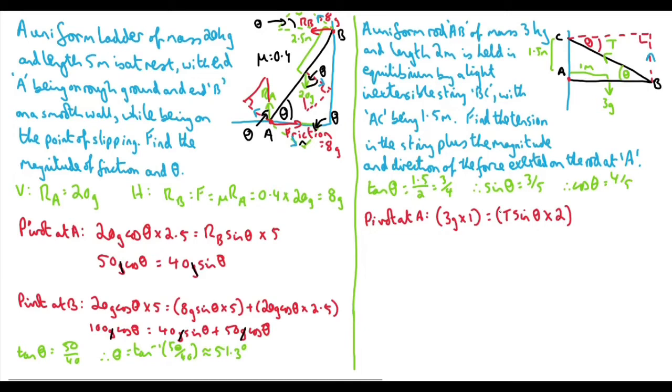Well, the sine theta we know to be 3/5. So 2 times that is your 6 over 5. So therefore 3g equals 6 over 5 T. Therefore, you can say that T is going to equal 5 over 2 g.